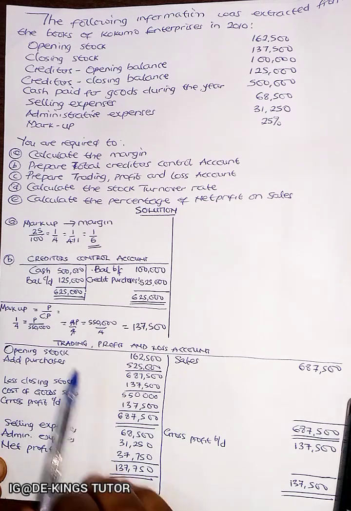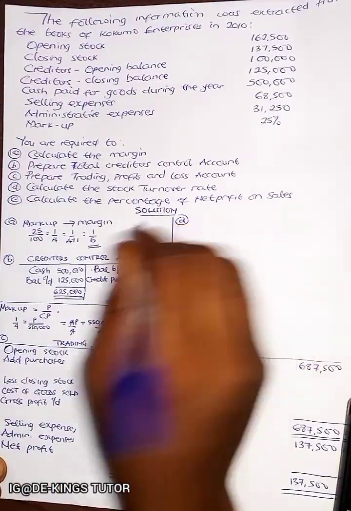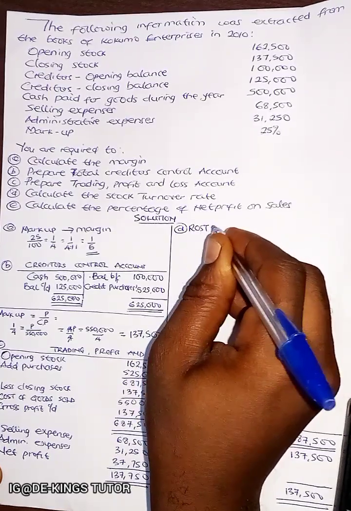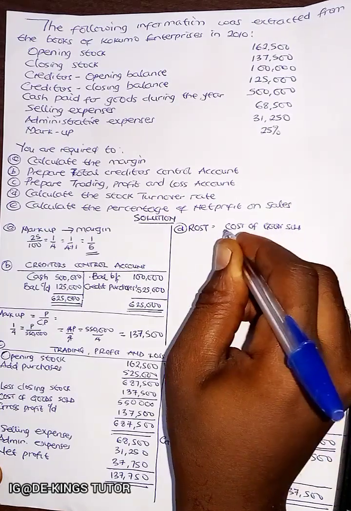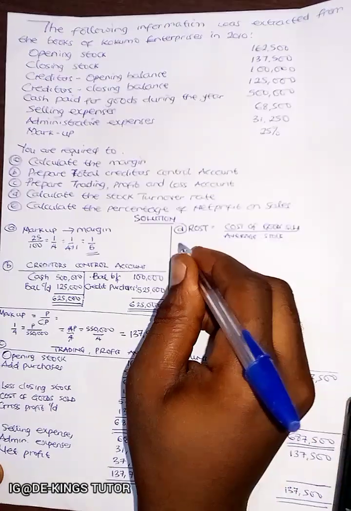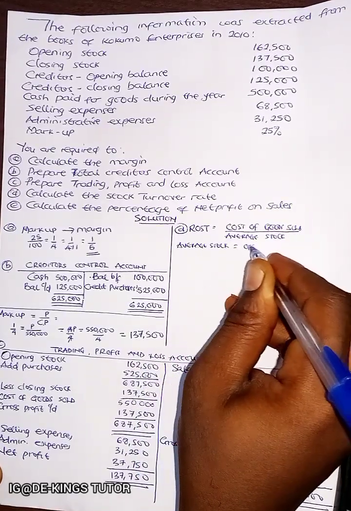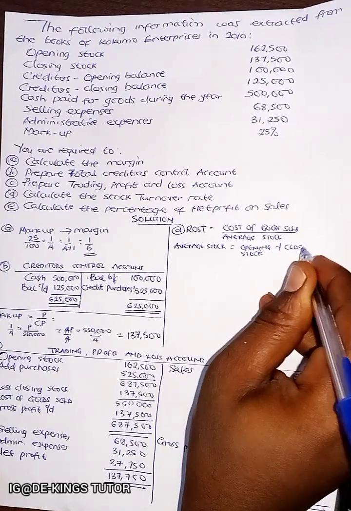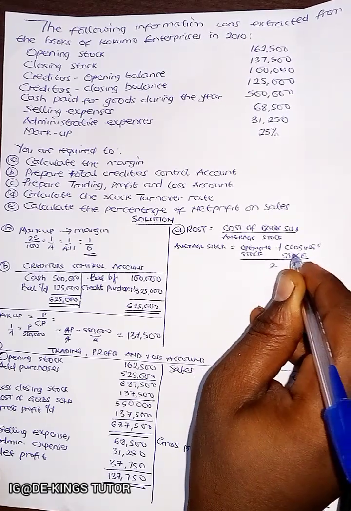Now the next one, D. Calculate the stock turnover rate. The formula is cost of goods sold over average stock. Average stock is equal to opening stock plus closing stock, all divided by 2.